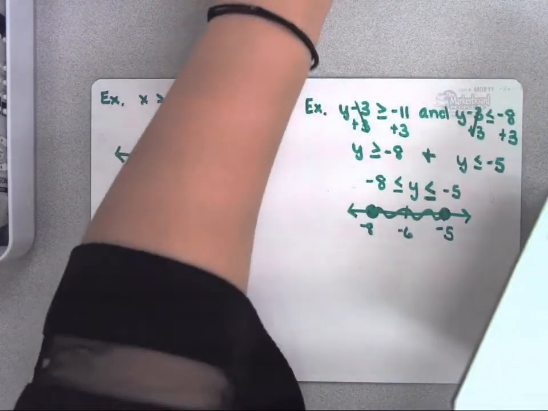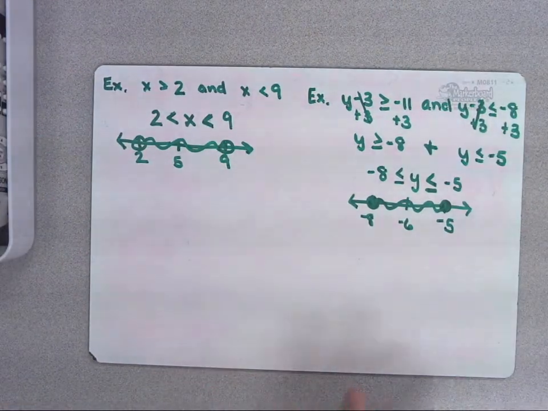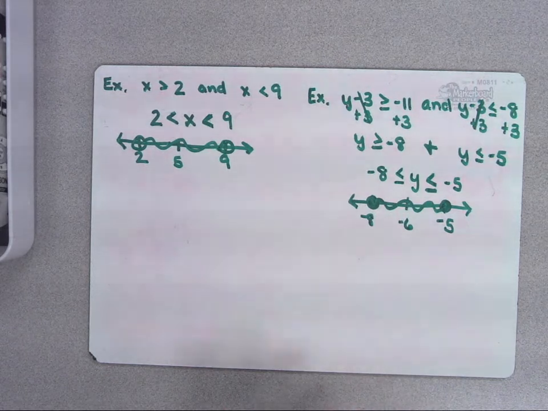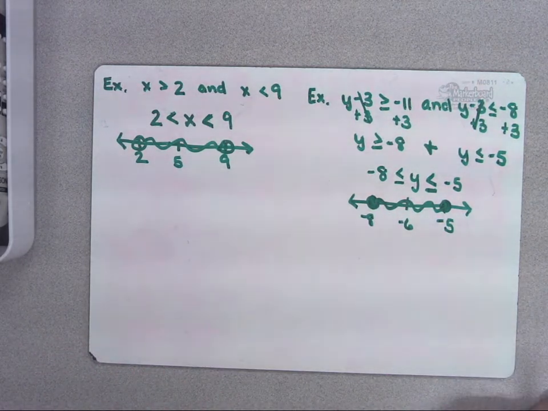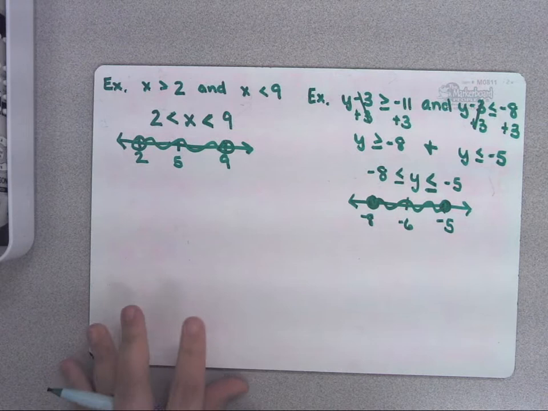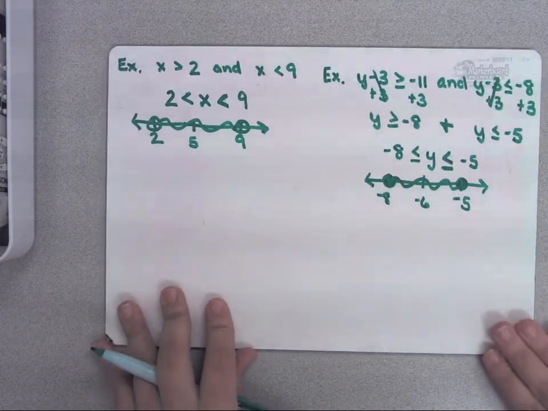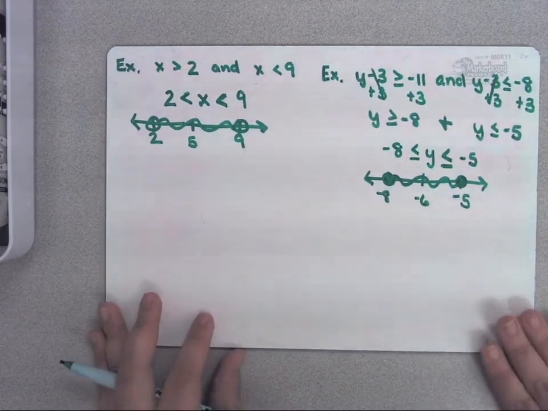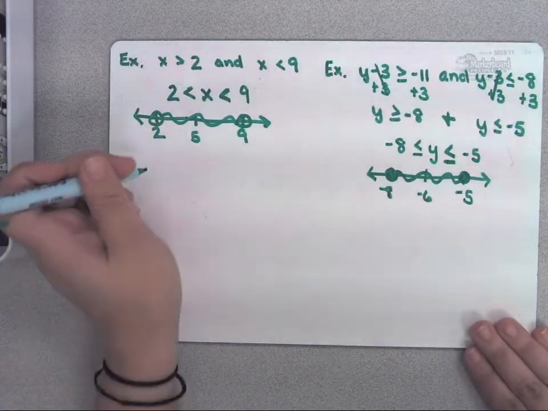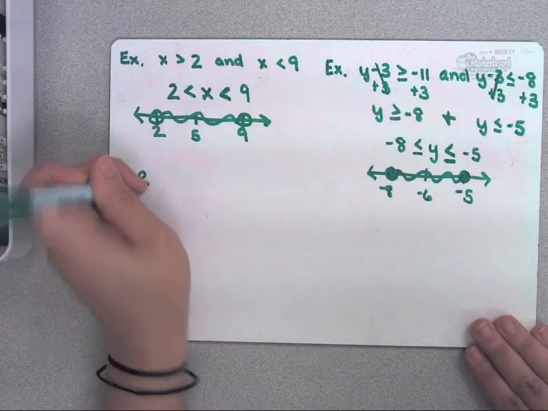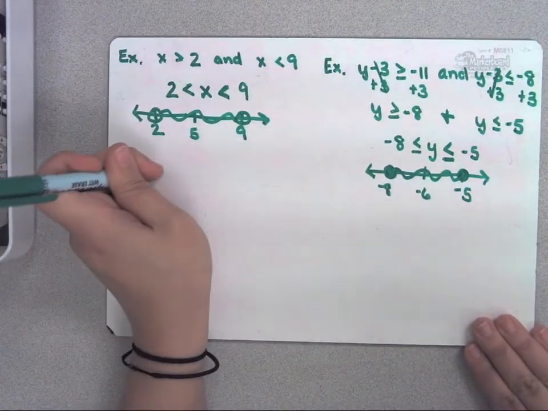Now, the only scary thing is, I'm going to show you the other kind, and then we're going to do both. The only scary thing is, in your homework, they don't do all ands and then all ors. If I were you, I would do all of one kind first in your homework. So you might not do your homework problems in order, because it's a lot to think back and forth. Okay? So the other type is called "or" inequalities.